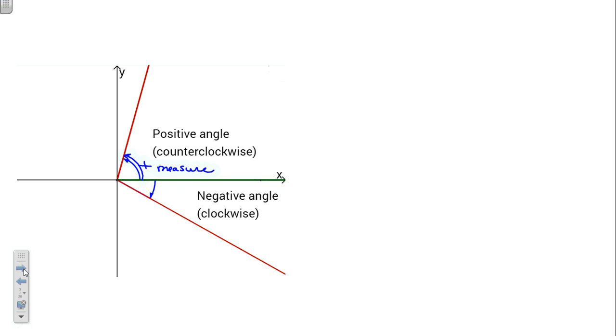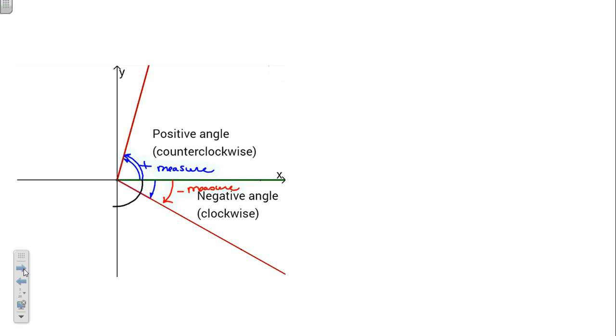This particular angle has a negative measure because we went from the initial ray to the terminal ray in a clockwise fashion. So far, so good? Okay, so we have the ability to name angles a couple of different ways. I could say, what's the positive measure of this particular angle?